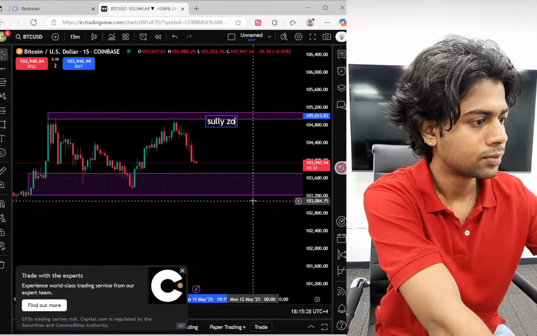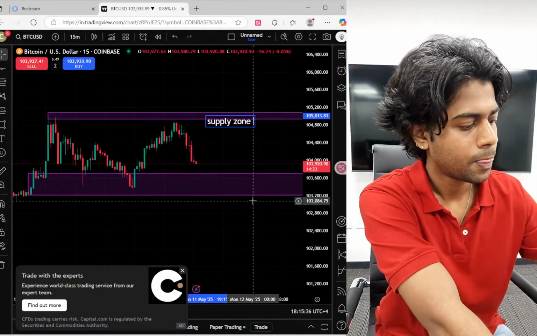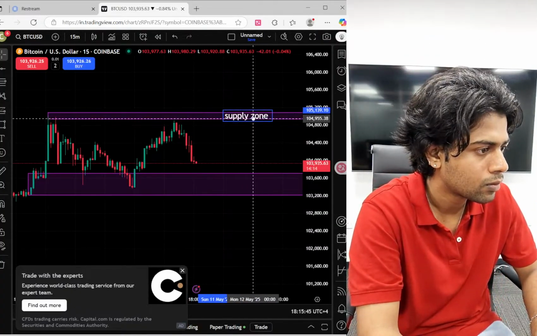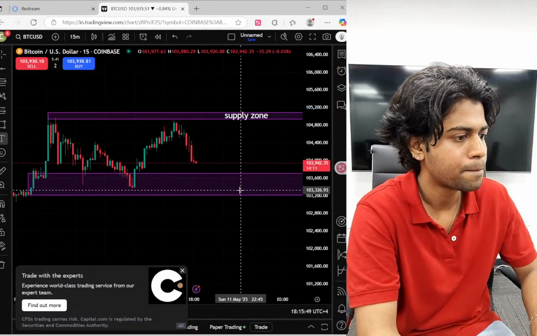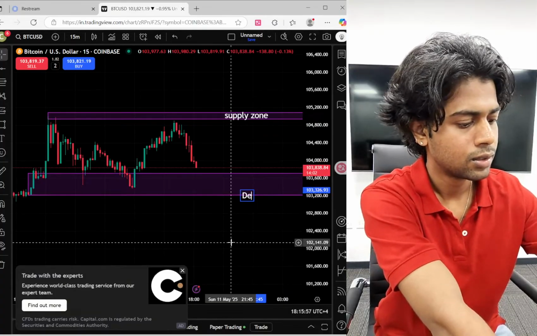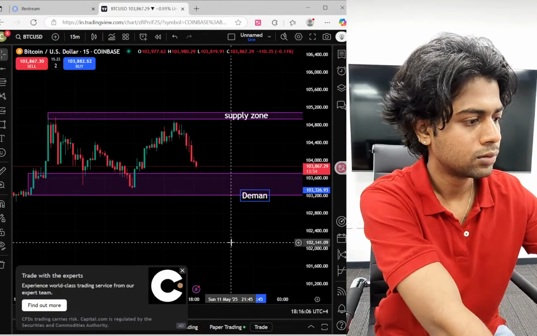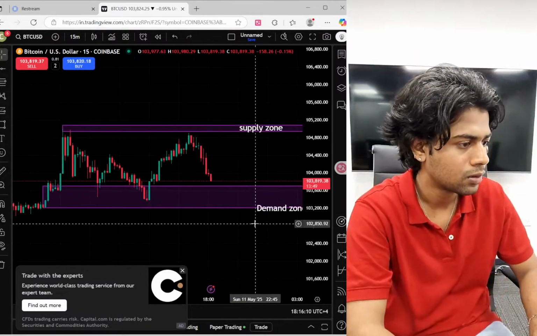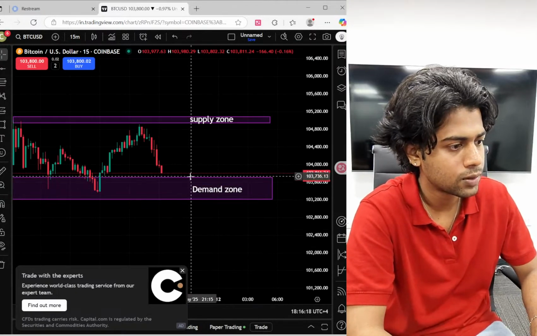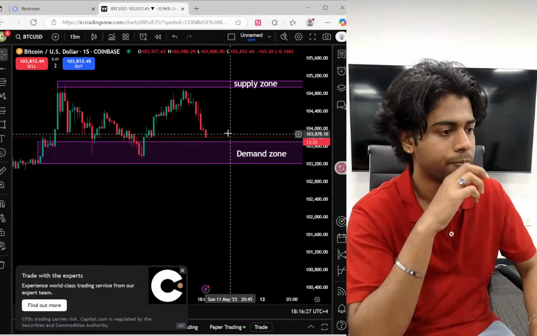Supply zone. That's a supply zone. Demand alert in caps. Okay, that's my demand zone and that's my supply zone. When the market tries to come over here within this range, the market will again try to go up, and at that time we are going to do the buying.